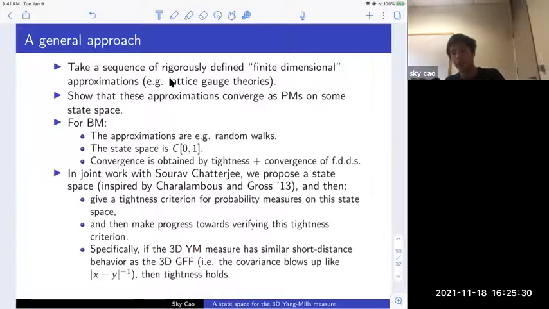This property is expected; for example, Chevyrev in his 2019 paper mentioned that it's expected in 2 and 3 dimensions.